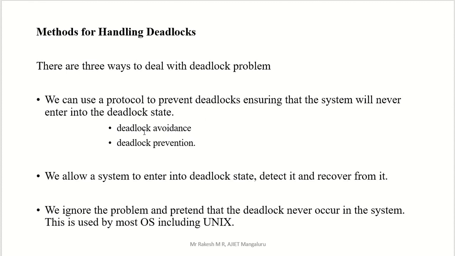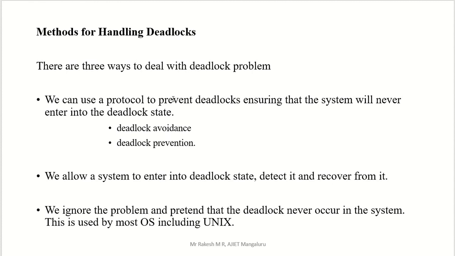Deadlock avoidance, deadlock prevention, two methods. Okay, fine. The third method: we ignore the problem and pretend that deadlock never occurs in the system. This is used by most OS including Unix. Here we ignore the problem. What is the second method? We are going to enter into deadlock, detect it, recover it.